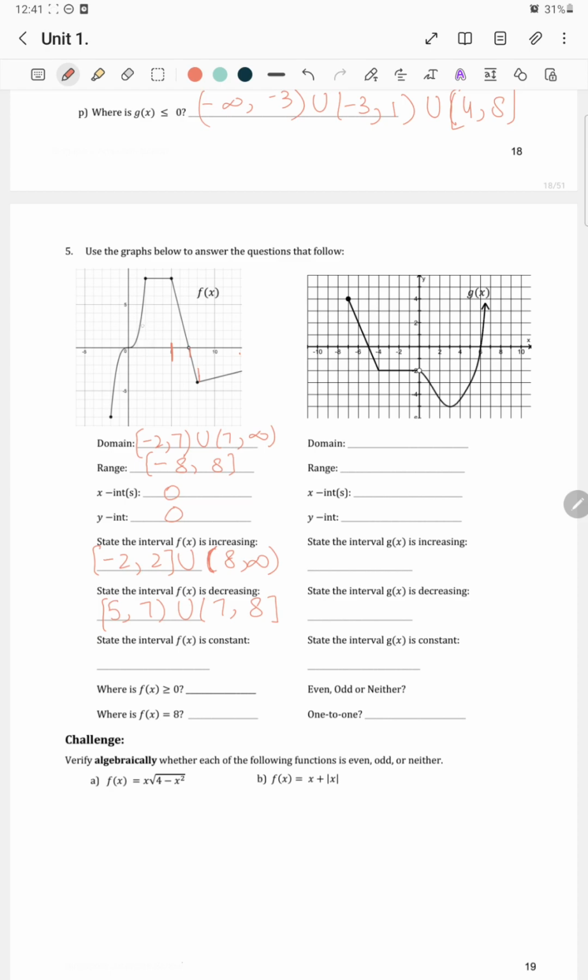State the interval where f of x is constant: 2 to 5.